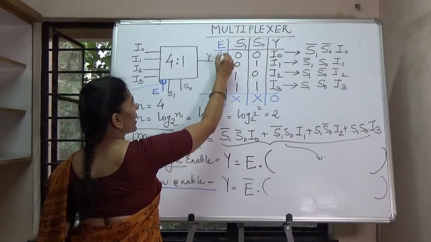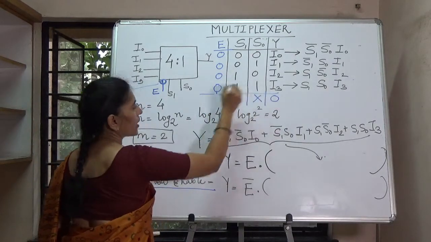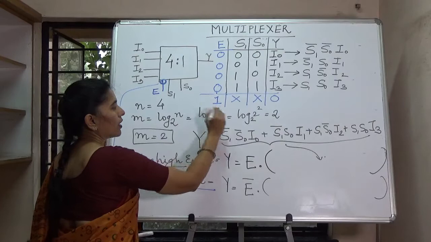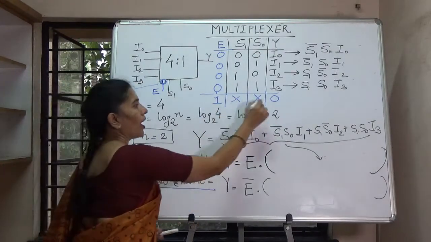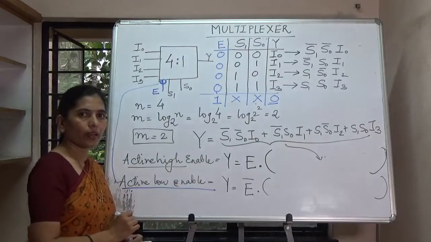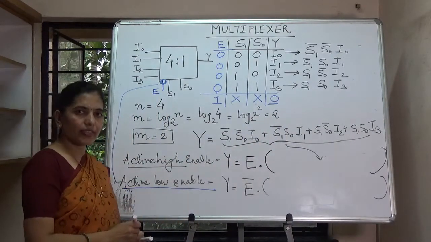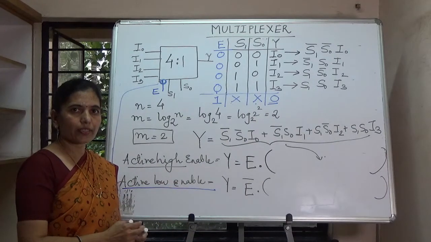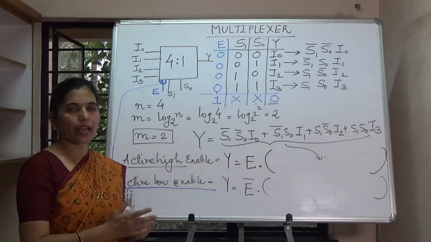So if E is 0, then only this would be enabled. If E is 1, then don't care about what S1 and S0 are, the output will be a 0. So with this we have completed the 4:1 multiplexer with either an active high enable or an active low enable.